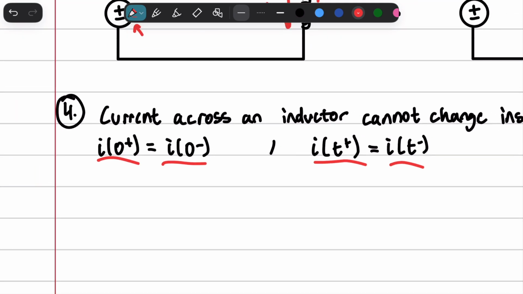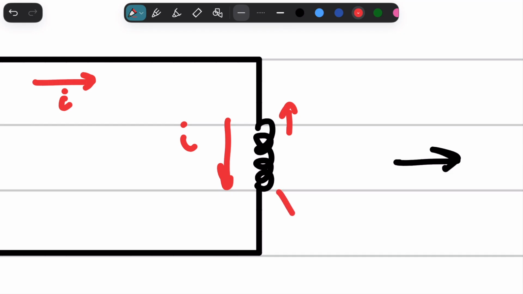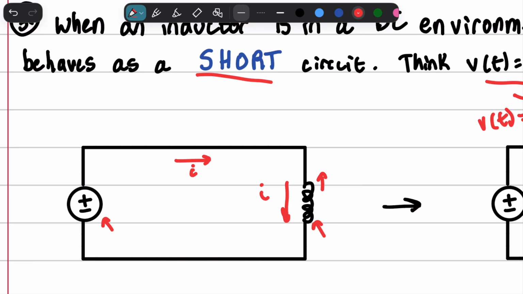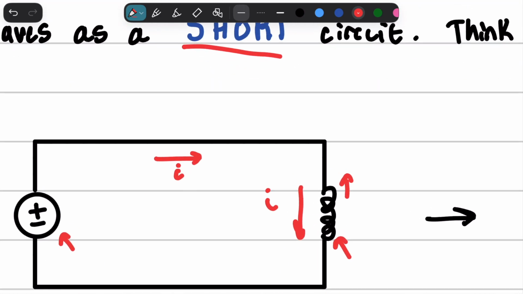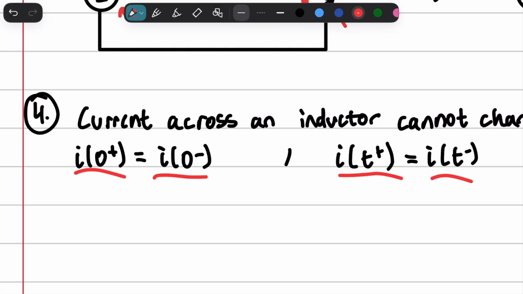And this you can also think of intuitively. This inductor has to get used to a current, right? And the inductor can't get used to something instantaneously, right? Just like how the capacitor can't get full immediately, the inductor can't just be okay with the current immediately, okay? So that's where we get this right here, okay?